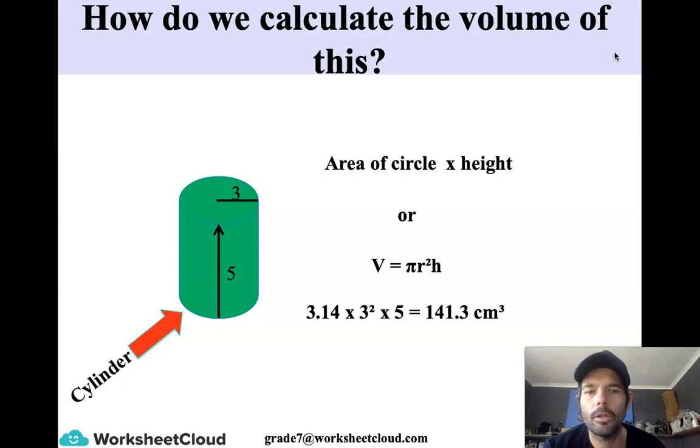And that gives us an answer of 141,3 centimeters cubed. Okay, so to work out the volume of prisms, we calculate the surface area of a face, and then we just multiply it by its height for a cylinder. And as we saw for the cuboid and the triangular prism, we multiply it by its depth, because that face keeps repeating itself throughout the depth or the height of the object.